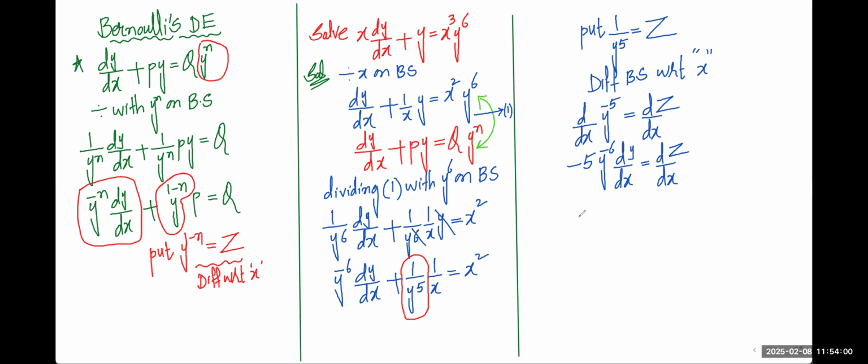And if you simplify further, minus 5 you can divide that side. y power minus 6 dy by dx. This minus 5, if it is going that side, becomes minus 1 by 5, dz by dx. Look at the verification.